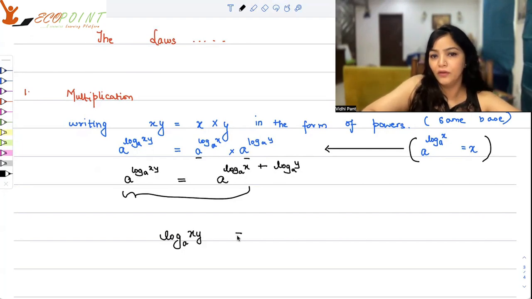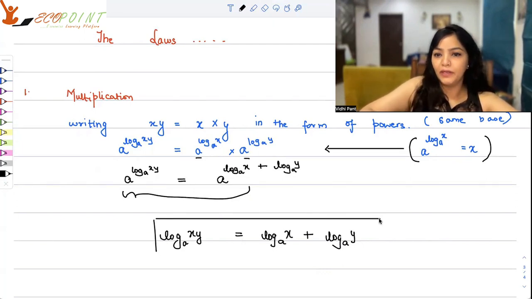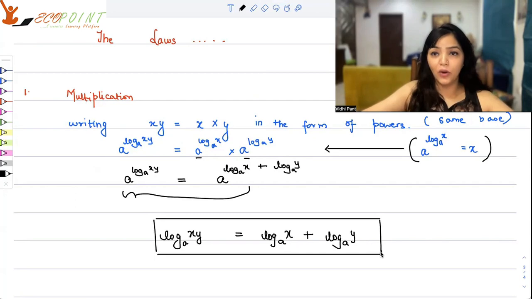So therefore, log base a of the product xy is nothing but log base a of x plus log base a of y. Hence, this becomes your law of multiplication in logarithm. So when you're taking the log of a product, it turns into a sum.